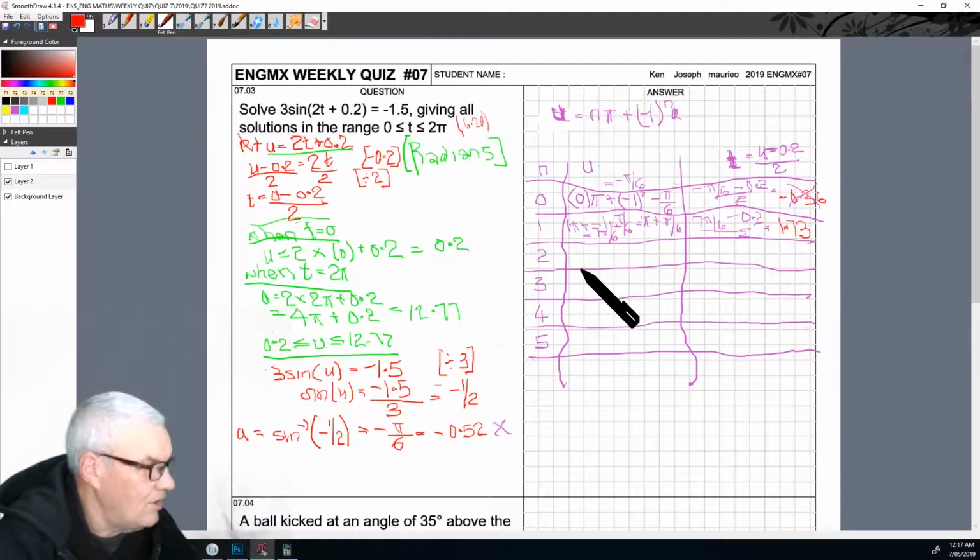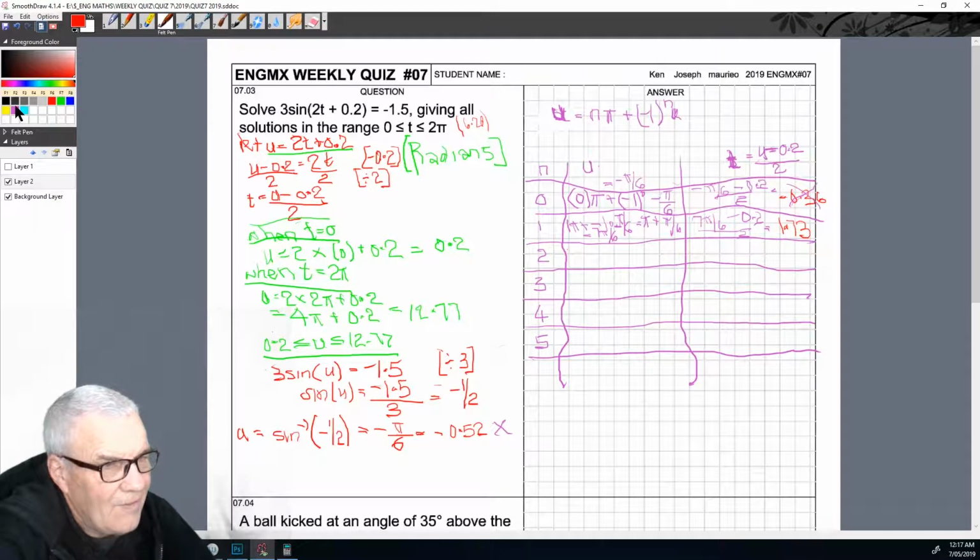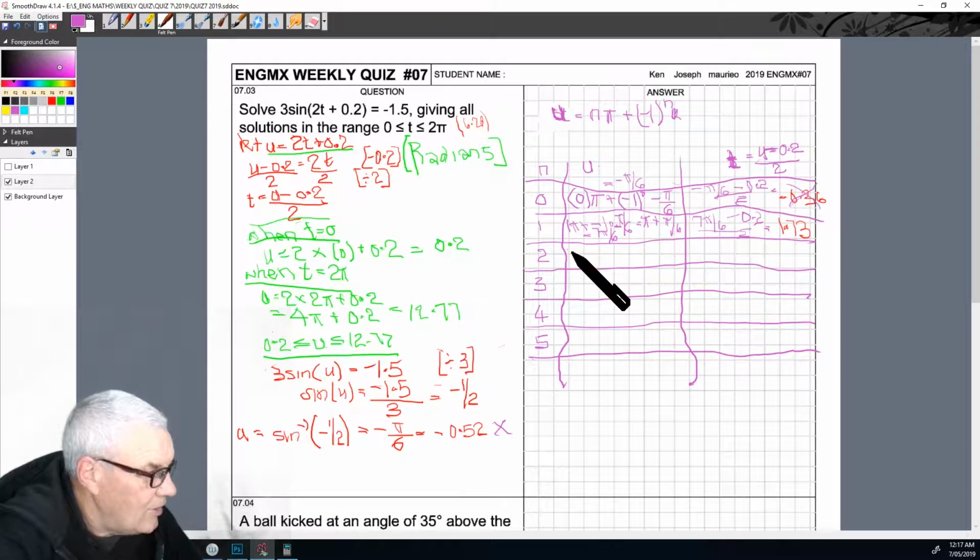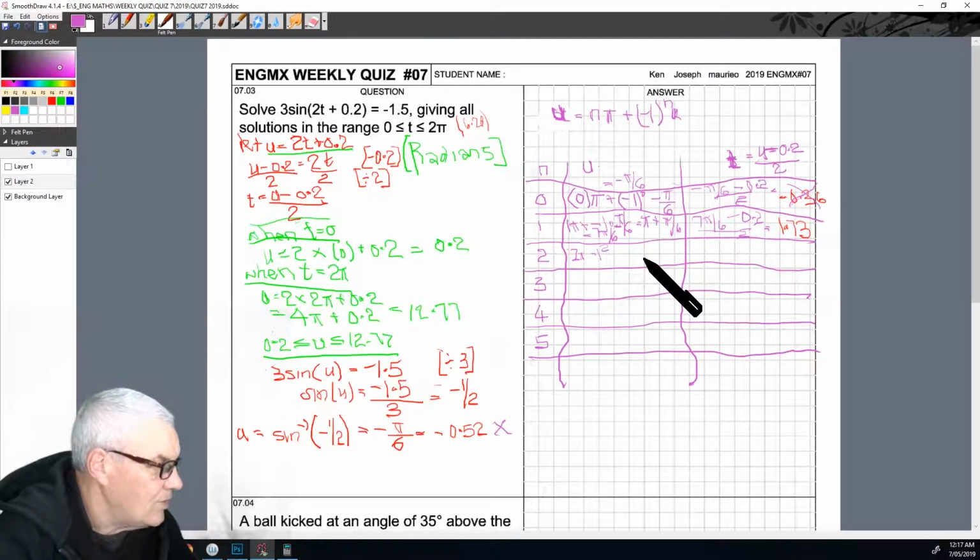All right, so now we're going down here, and now we've got 2 pi and then we've got minus 1 squared, which is going to make that positive, times negative pi by 6.